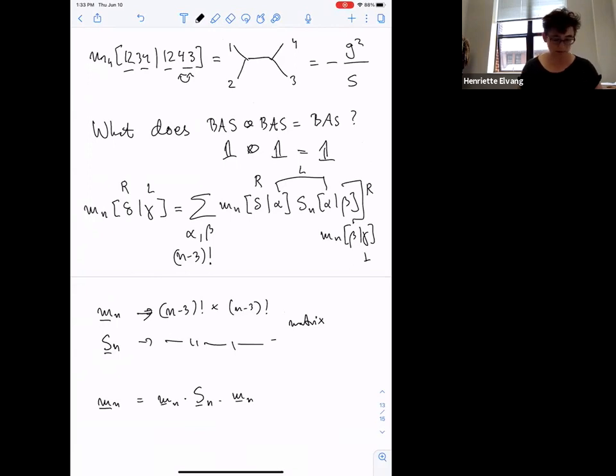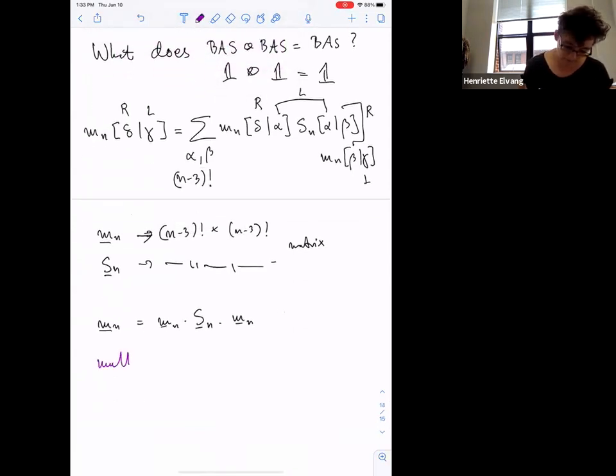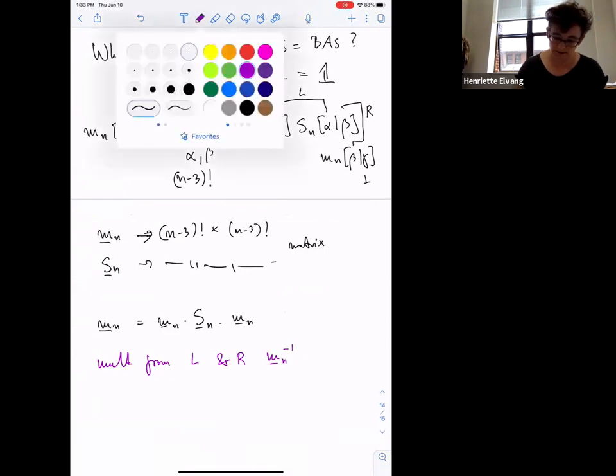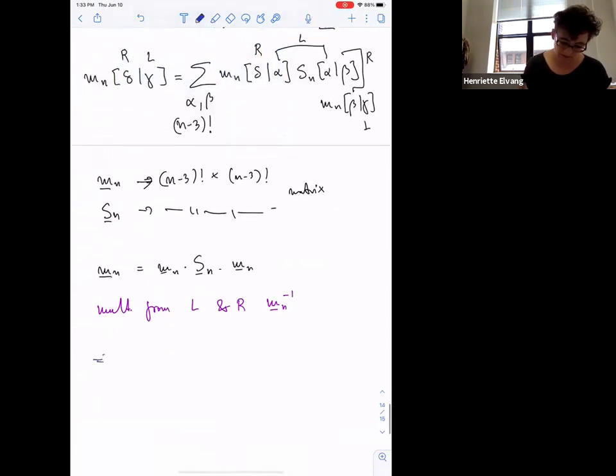And so what I can do now is multiply this from the left and the right by the inverse of M. So multiply from left and right both with Mn inverse. And then what you'll see is that you get that Sn is necessarily the inverse of that matrix.